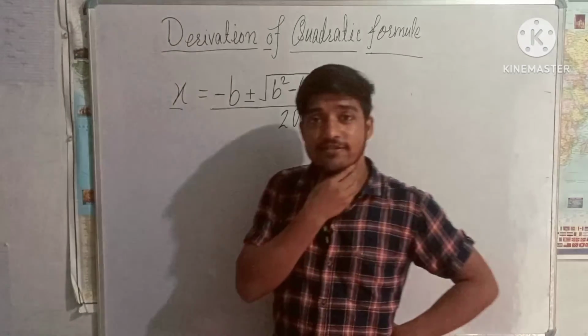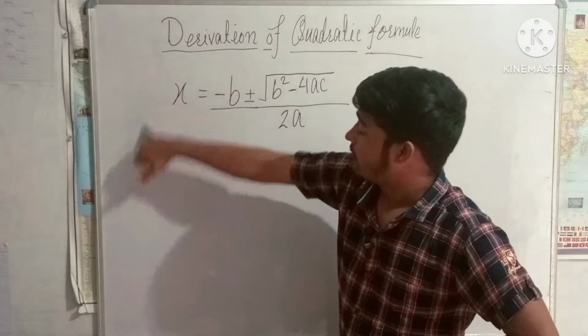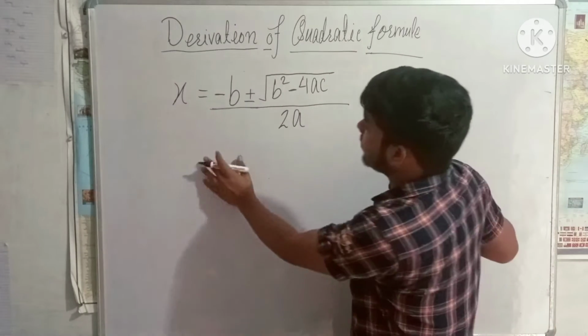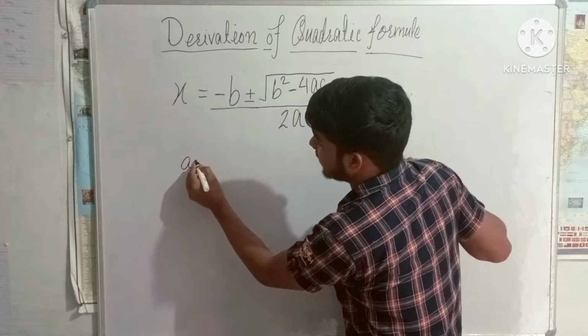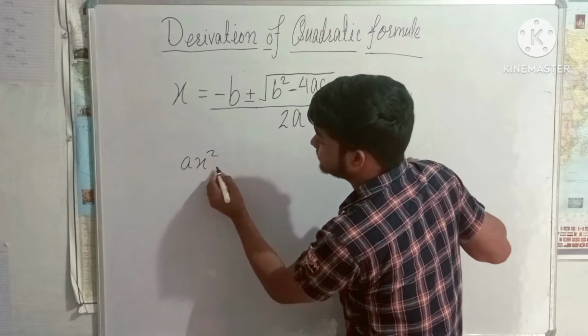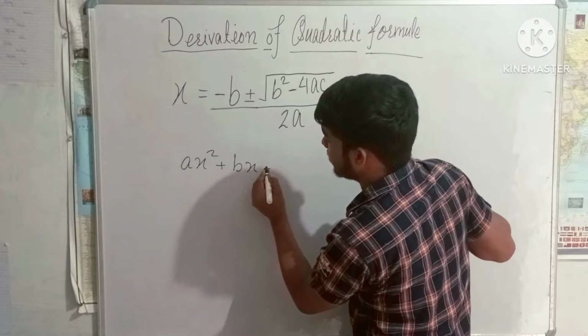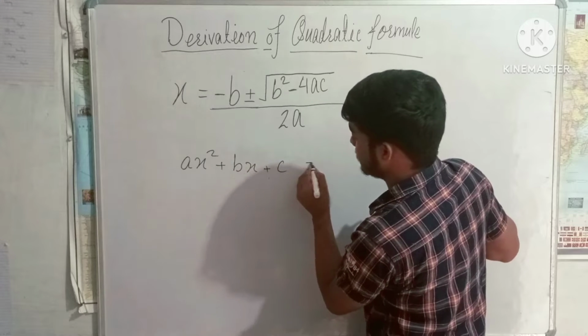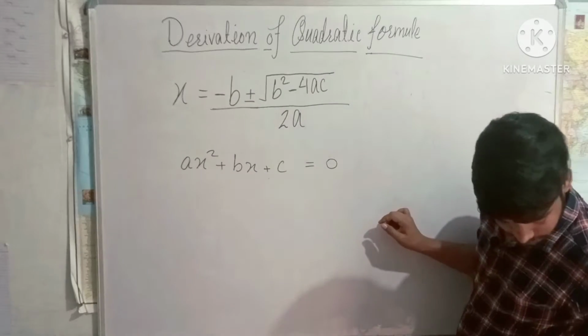Let us start. First, let us take a quadratic equation such as ax square plus bx plus c is equal to 0.